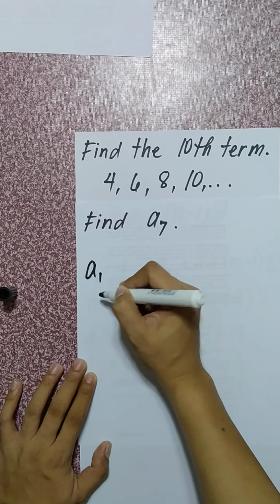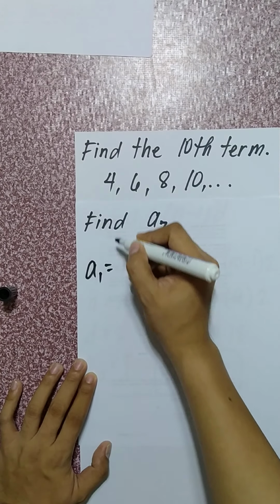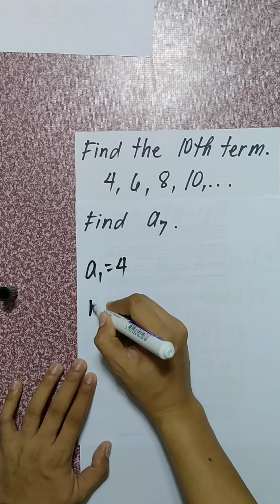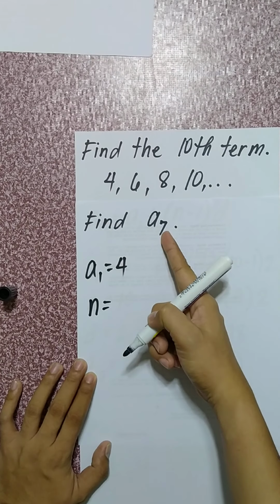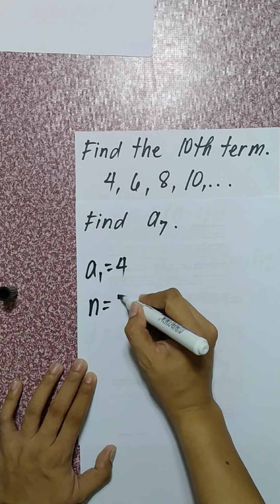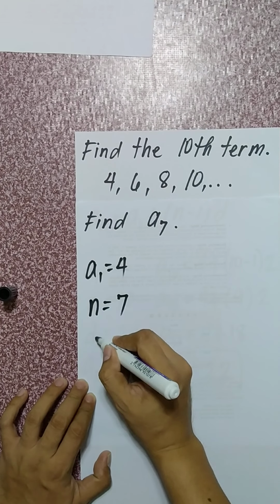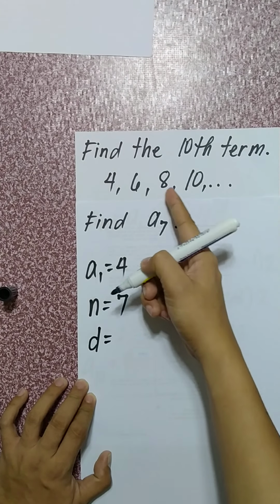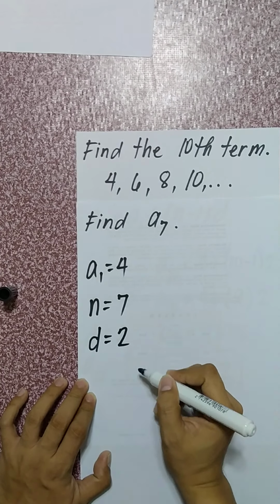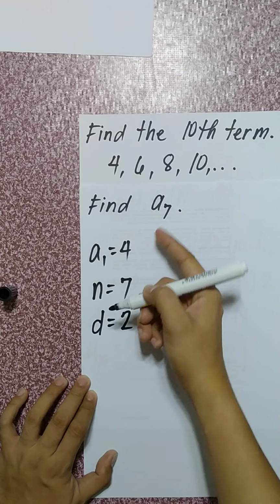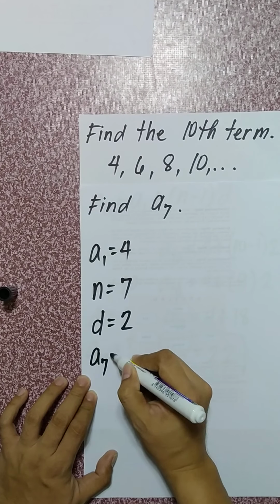So, we have a sub 1 is equal to 4. N is equal to, now since we're looking for a sub 7, ang n natin ngayon ay 7. D, so hindi naman nabago ang sequence, kaya meron pa rin tayong 2. And we're looking for a sub 7.